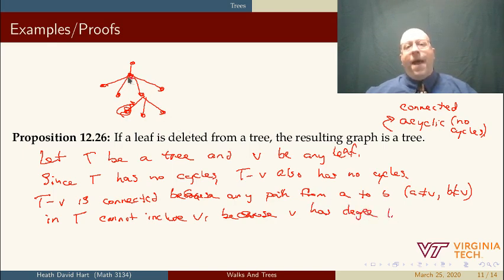If there's a path from A to B and it went through V, it would have to double back along that same edge, and then it would repeat this vertex here. And therefore, there's no path that goes from A to B that includes V, and therefore that path will still be in T minus V.